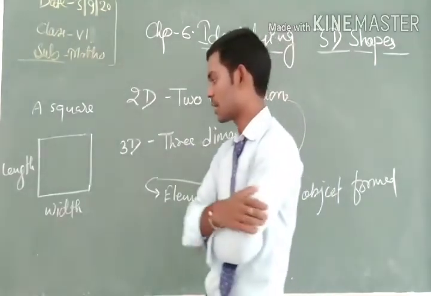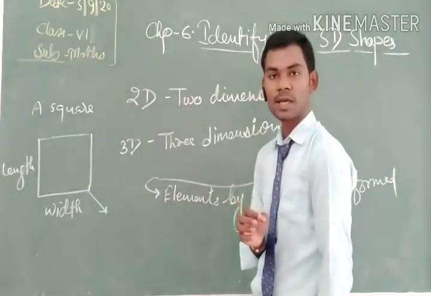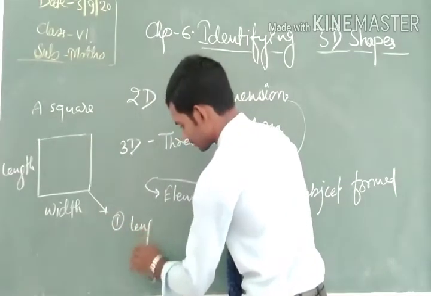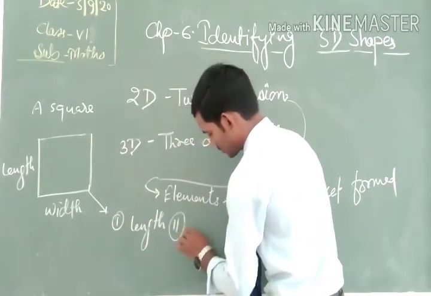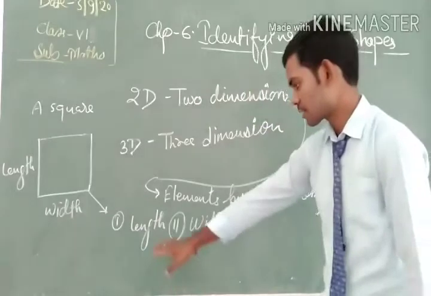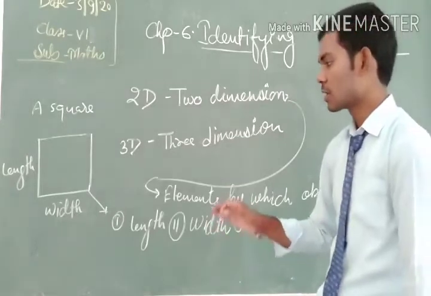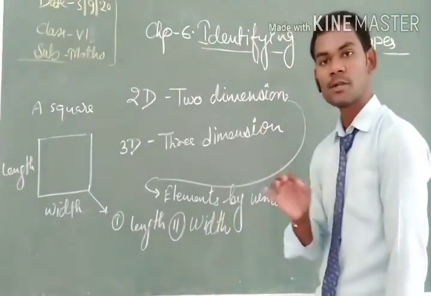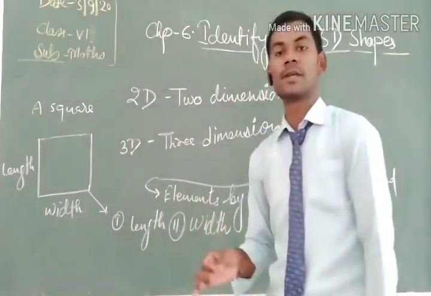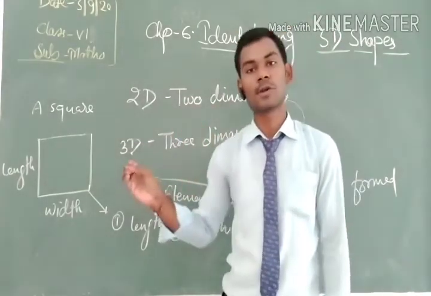So here we can see that a square has two types of dimension. First is length and the second one is width. Therefore, this figure is known as a two-dimensional figure, because it has two types of dimension or two types of unit.